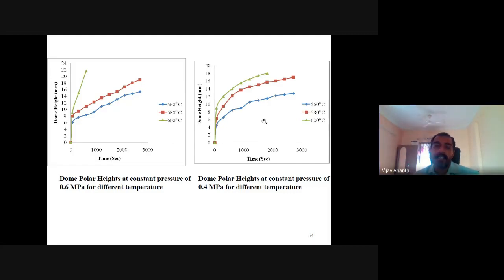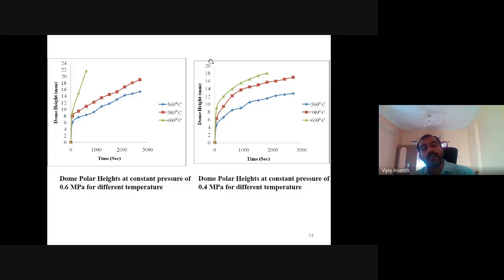Right. This is a dome, again at high pressure, 0.6 megapascal. For 0.4 megapascal, this component is not failed. Okay, again this is also failed, at 600 degrees centigrade. These components also failed at this time, but the other two components did not fail. So at higher temperature the components are failing.